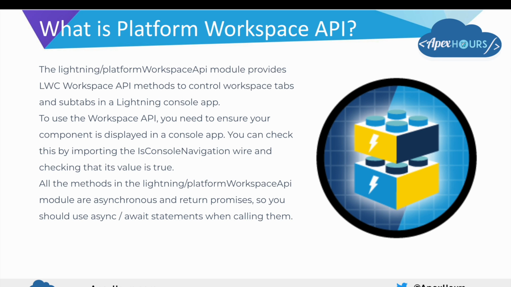If it is returning false, that means it is not a console application. All the methods in this Lightning Platform Workspace API module are asynchronous methods and always return a promise. So most of the time we'll be using async await while calling them, and we'll be using fat arrow syntax to call these async methods.